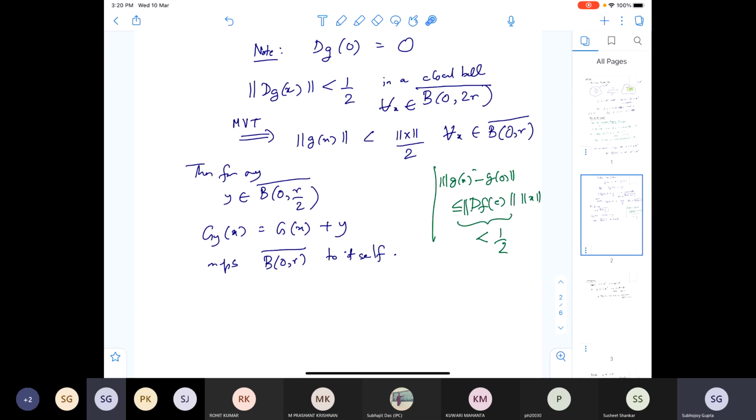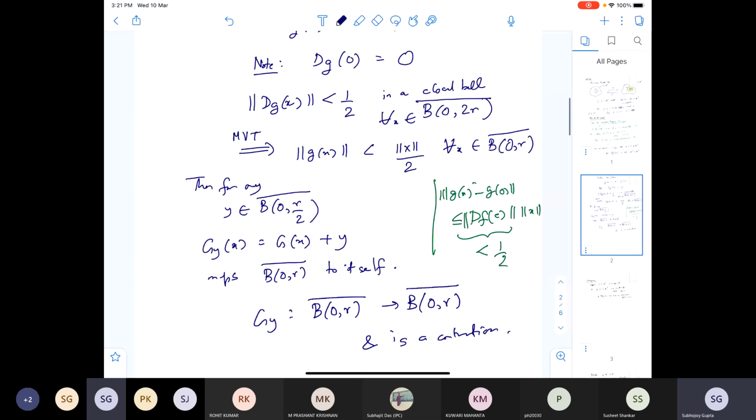So this g of y, for any fixed y in that ball of radius r by 2, actually defines a map from a closed ball to itself. And moreover, it's a contracting map. Why? Because G is a contraction. Again, I mixed up my small g's and capital G's, so let me just change these to small g's.